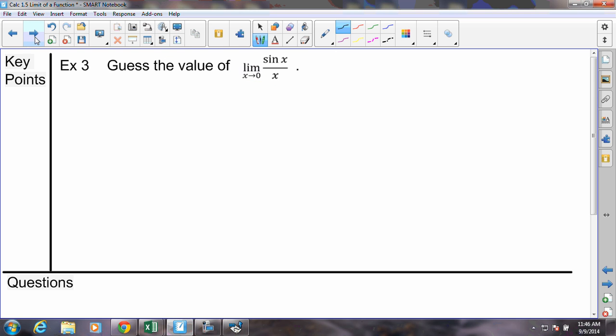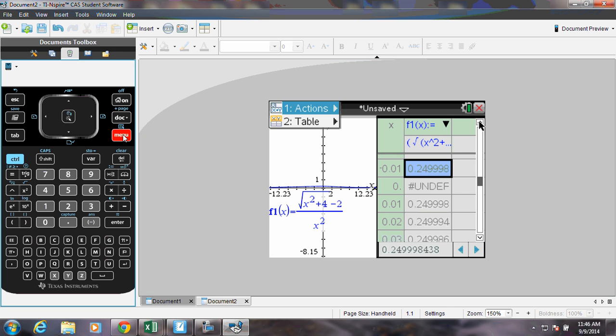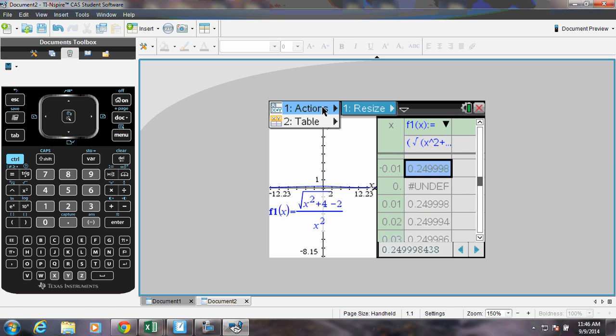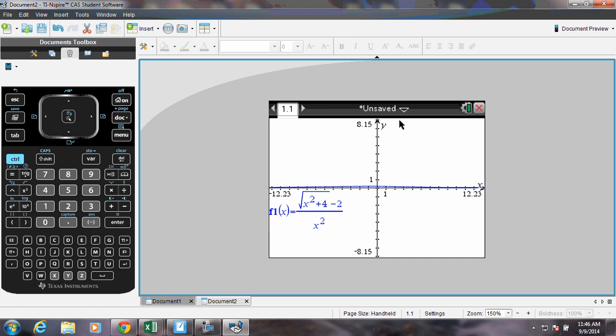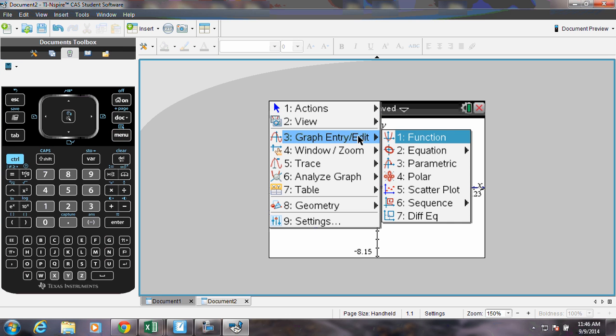Okay, example 3. Guess the value for sine of x over x as x approaches 0. Okay, so we'll come back in, and we'll go menu, actions. I don't want resize table. Get rid of the table. Menu, graph entry or edit.